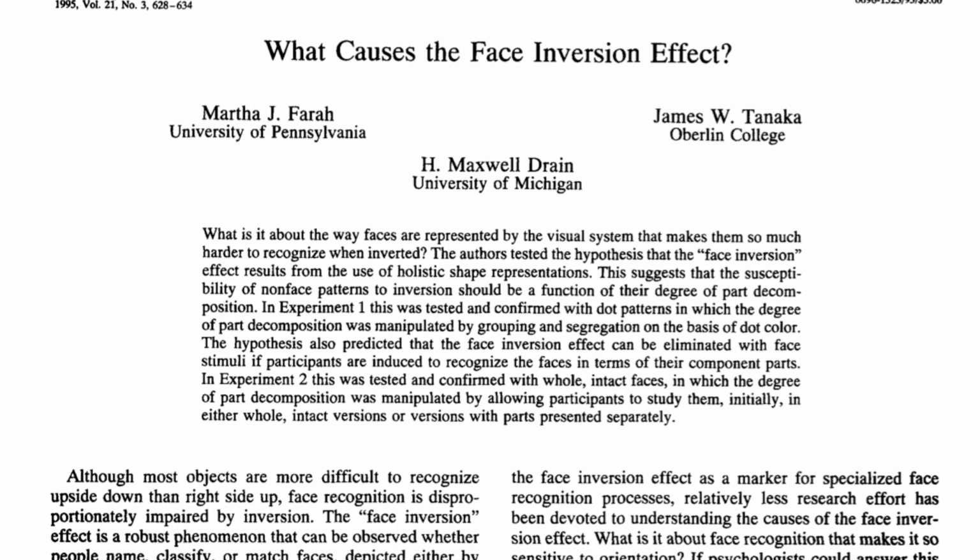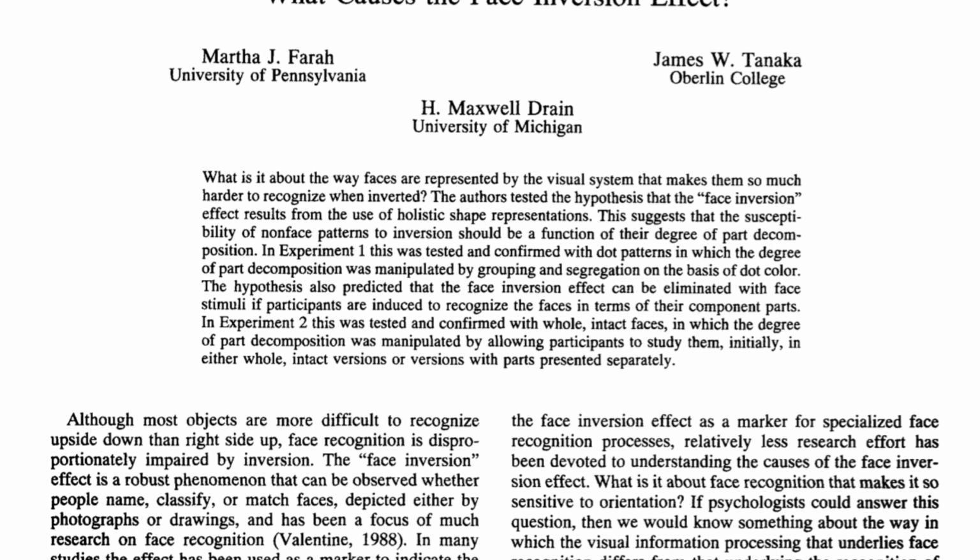So why does being super experts in recognising faces mean that they're proportionally harder to detect upside down relative to other objects? Martha Farah of the University of Pennsylvania proposed that we recognise objects via two mechanisms that are housed in anatomically different areas of the brain.